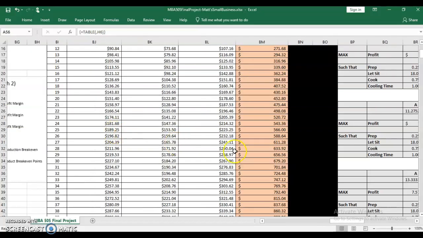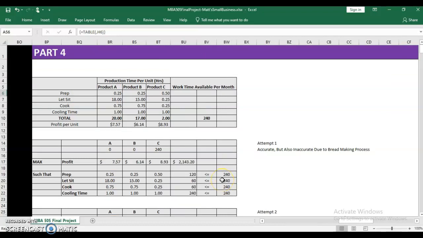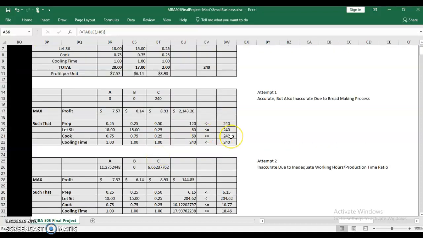I see I'm almost at 10 minutes now, so I'll real quick get into part 4. I used Excel Solver to try and maximize my profit by maximizing my working hours, and I did a couple of different variations here.